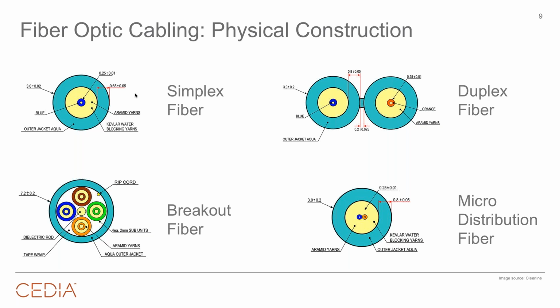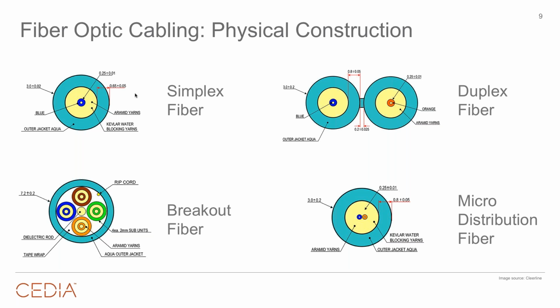One strand is used for transmitting, one strand is used for receiving. It is the standard. Sticking with the standard means it will be the most cost-effective and most widely deployed. It is very important for us as we talk about our installations to, at a minimum, pull duplex fiber. Two strands. You always want to have those two strands. Even if you don't use both of them, two strands will allow you to future-proof.